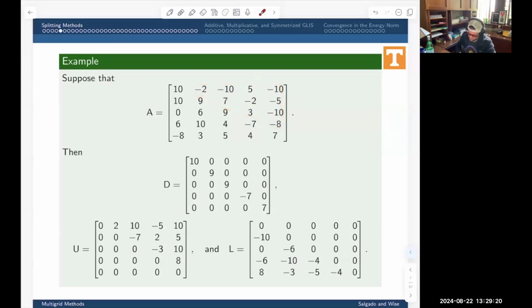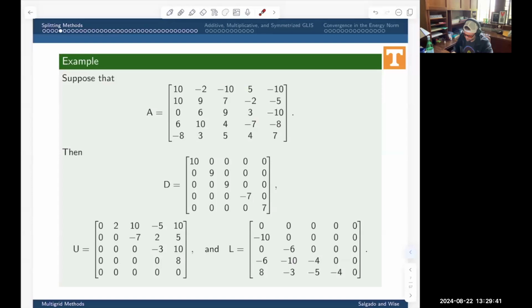Notice that U has nothing on its diagonal, nothing below the diagonal, and above the diagonal, you take the elements that you saw in A and flip the sign. Hopefully I did this correctly. For example, minus 8 becomes an 8 here.